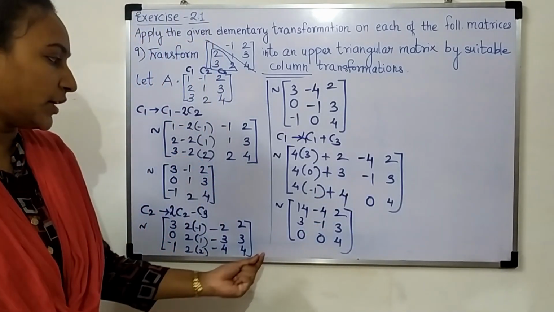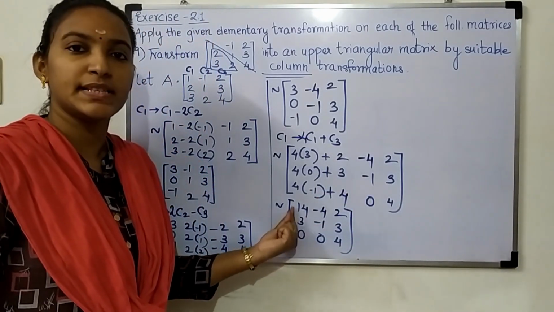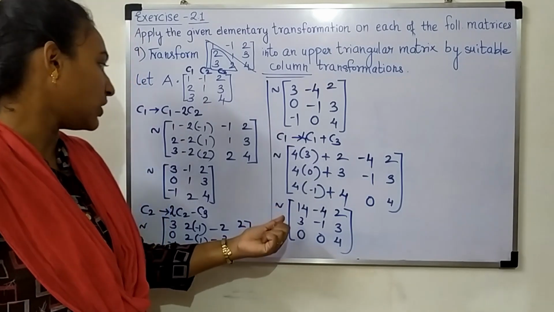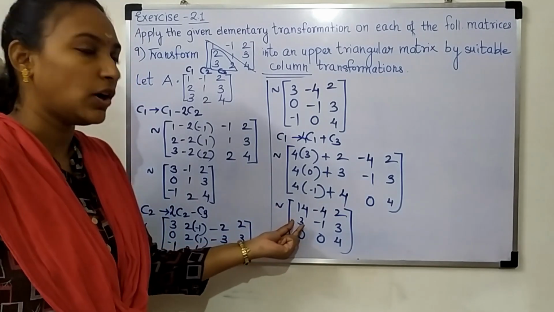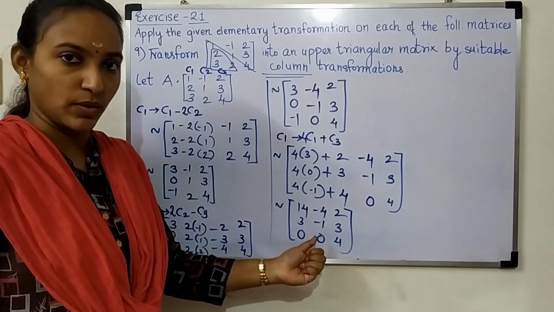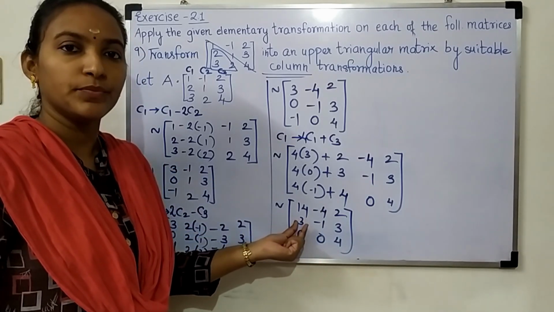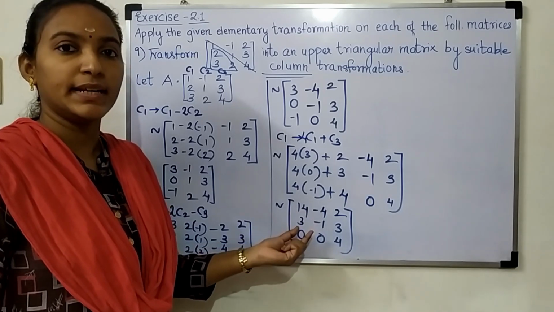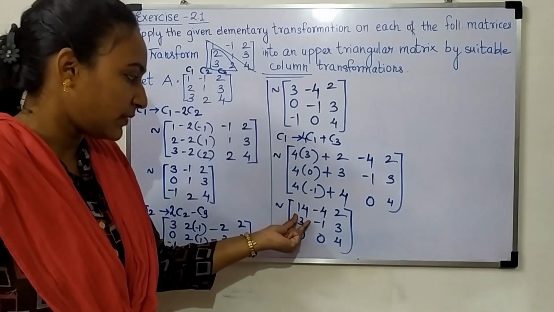Now we can see that again we have received a 3 over here, because already we had made this 0, but again it has become a scalar quantity. Now it is simple to remove this, that is, change it into 0. Let us see how.